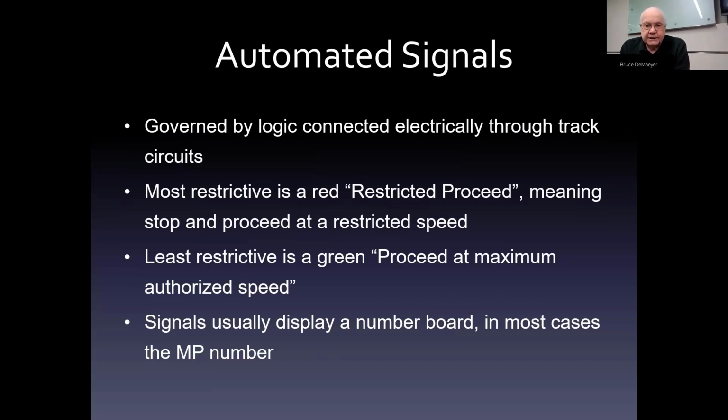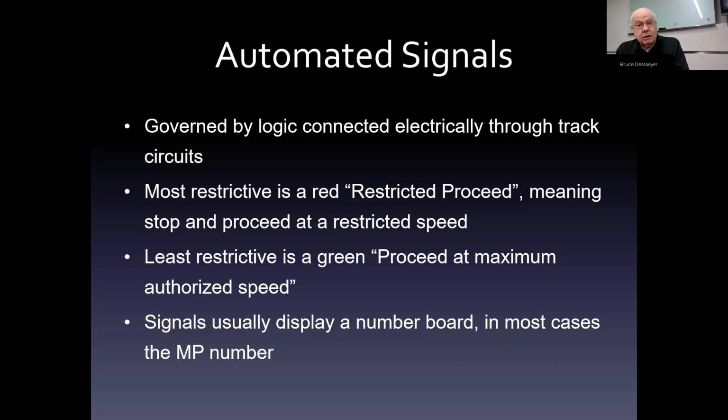It's governed by logically connected electrical connections through the track circuits. The most restrictive is restricted proceed, which means stop and proceed at a restricted speed. Now, maybe you've learned this for the first time today, but this is an ordinary event, that restricted proceed. Okay? The least restrictive is green, which is proceed at maximum authorized speed from the timetable.